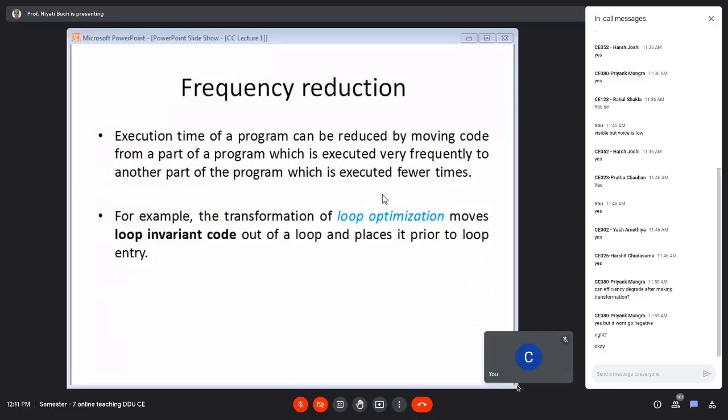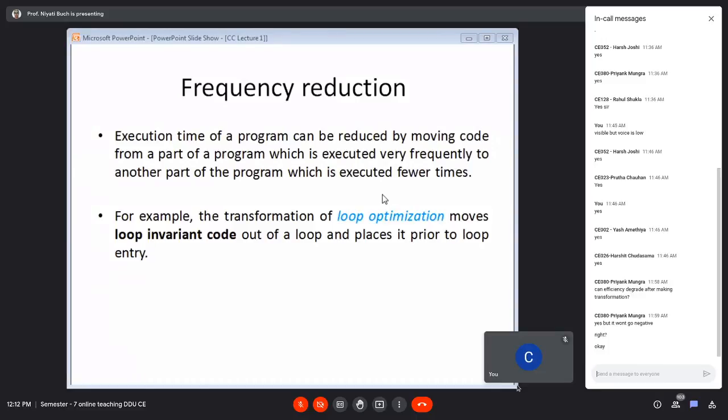The execution time of a program can be reduced, because we are all aiming at efficiency. How are we improving the efficiency? By reducing the execution time of the program. It can be reduced by moving code from a part of the program which is executed very frequently to another part where it is executed fewer times.